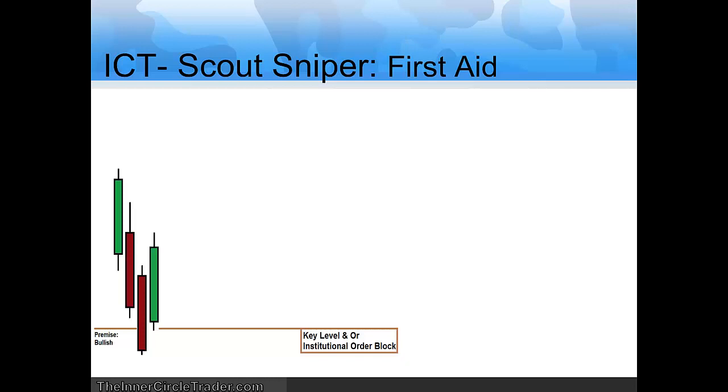Now we're going to assume for this example that we were fortunate enough to catch a long position at that key level, and it's not important that we have a specific price level in this example, because really what we're going to be looking at is how traders are always, in my experience, even when I was an earlier developing trader, I felt the need to want to exit the trade immediately.